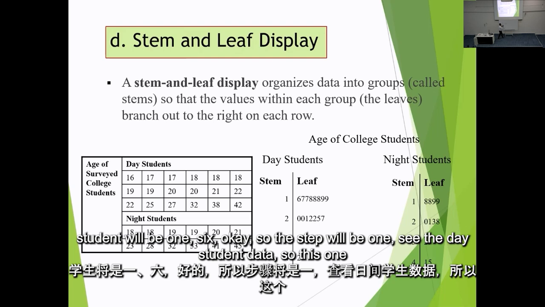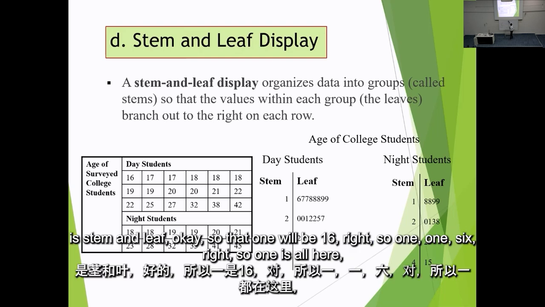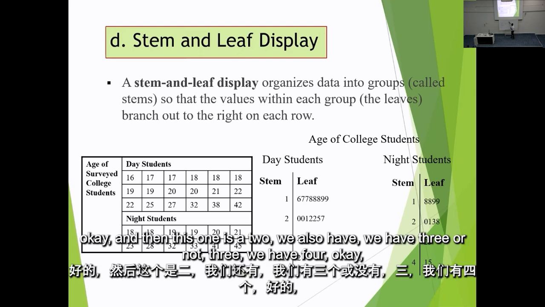So the stem 1 is all here, and then 2, 3, and 4.